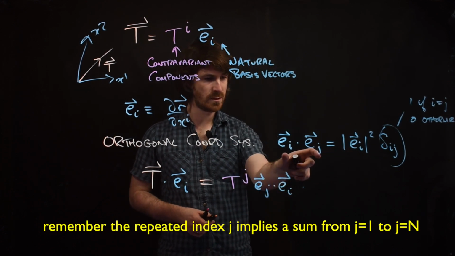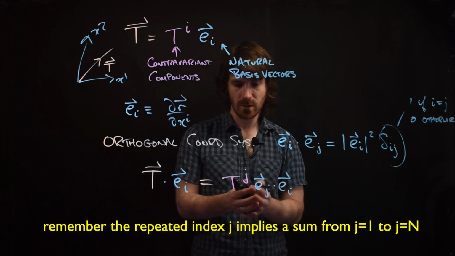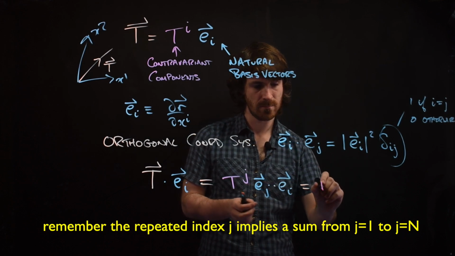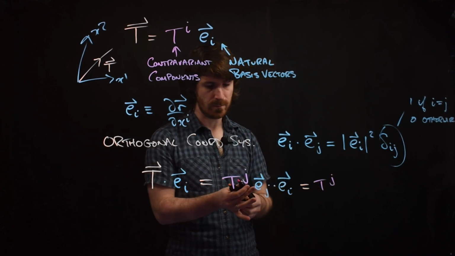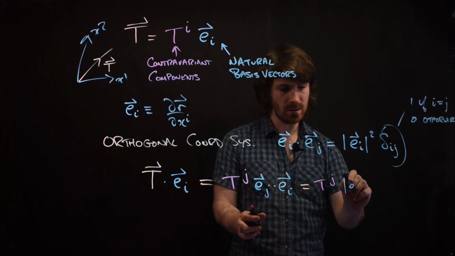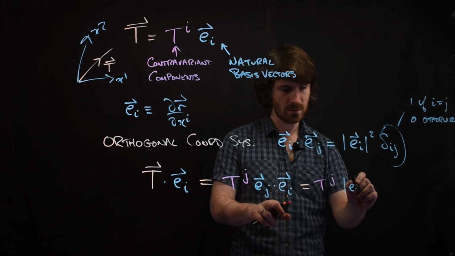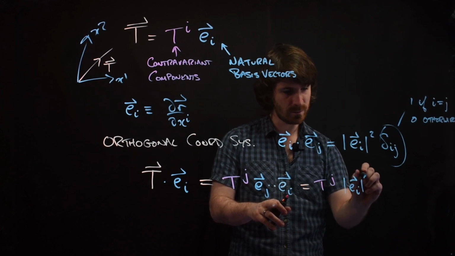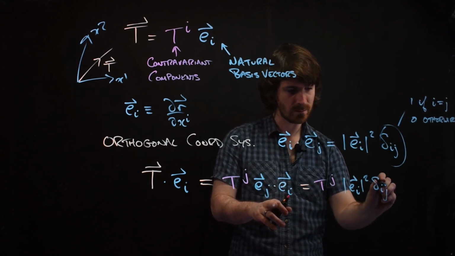And just using this from above, we then know that this equals t^j, mod e_i squared, delta_ij.